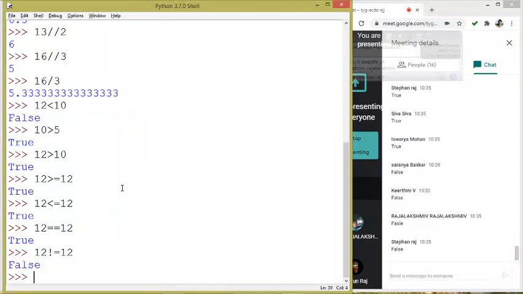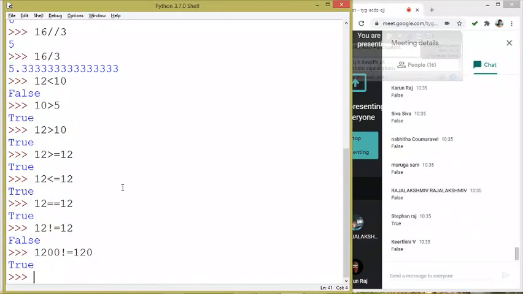Because 12 is actually equal to 12. If I write, sorry, let me change some value, 120 not equal to 120. So you will get the answer as false. No wait, 120 not equal to 130 would give true; you are getting true because it is not equal. The condition is true only. So we will get the answer as true.